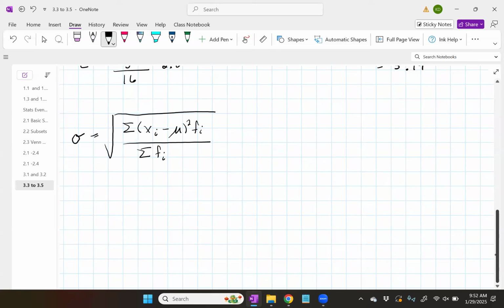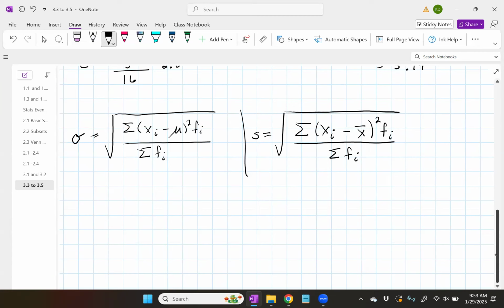So that is our population standard deviation. The one we are going to use is this guy. We get the sum of x sub i minus x bar, squared, times our frequency, all over the sum of our frequency. That is what we're going to use.